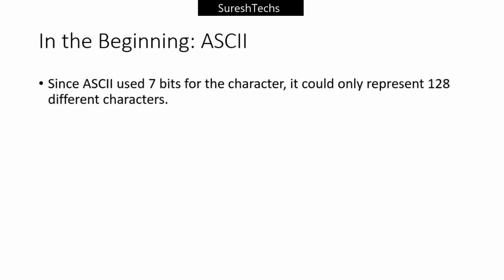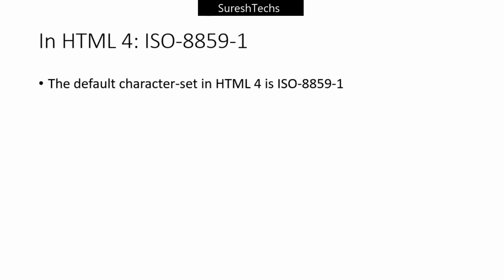Now the first character set is ASCII, American Standard Code for Information Interchange, which uses 7 bits per character and represents 128 different characters. That's our first character set. After that, we have something called ISO 8859-1. HTML4 initially used ISO 8859-1, which uses 256 different character codes.